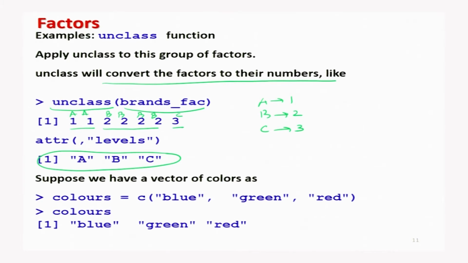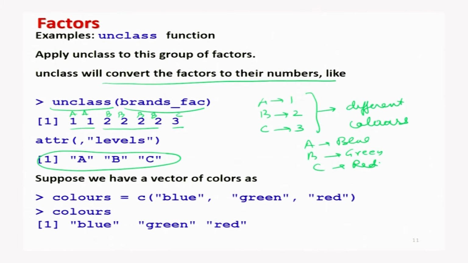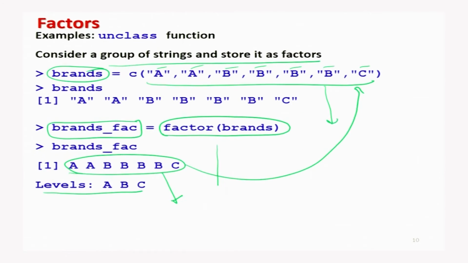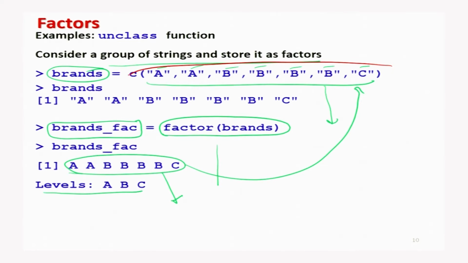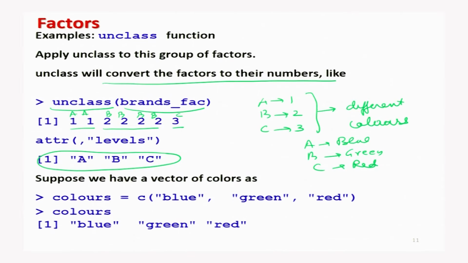Okay, now what is the use? Suppose I want to assign different colors to these brands A, B, C, right, and suppose I assign A the blue color, B the green color and C the red color. Now, how to get it done? If you try to understand it in very simple words, whatever is your data here, you want to replace A, B and C by their colors.